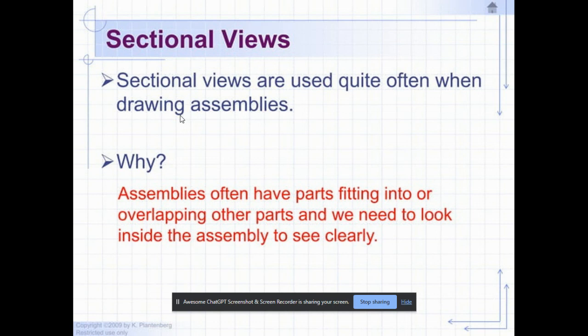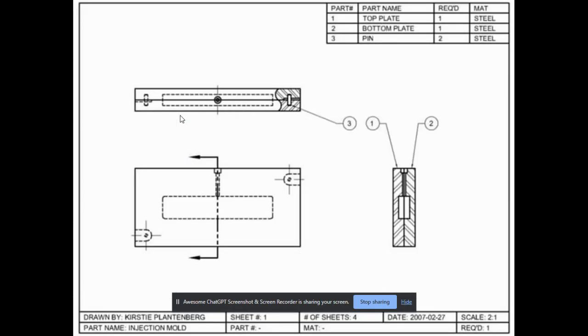Try and get the videos and the understanding of section views, because having that as your basis, you'll be able to appreciate how section views are implemented in assembly drawing. It's the same principle, just that this time around you have different components coming together to form an assembly.